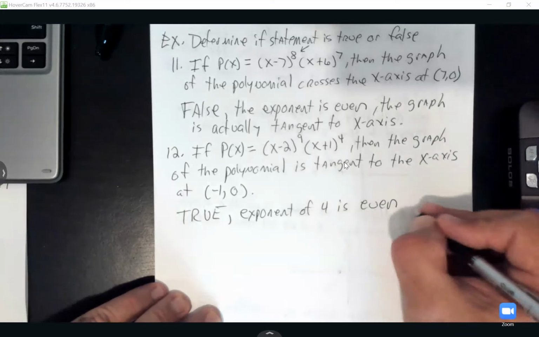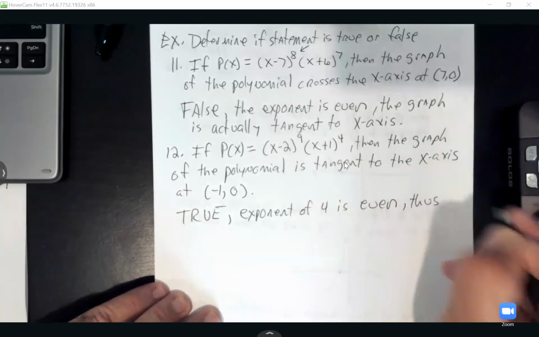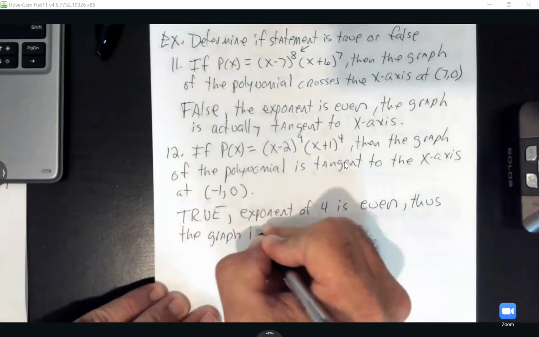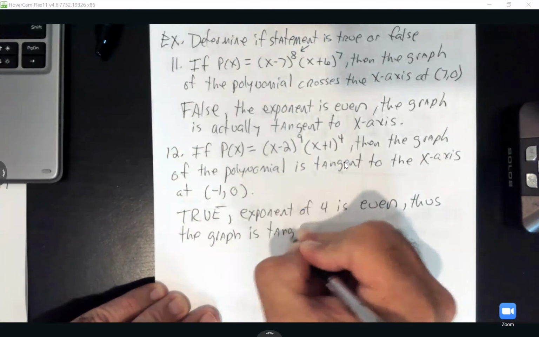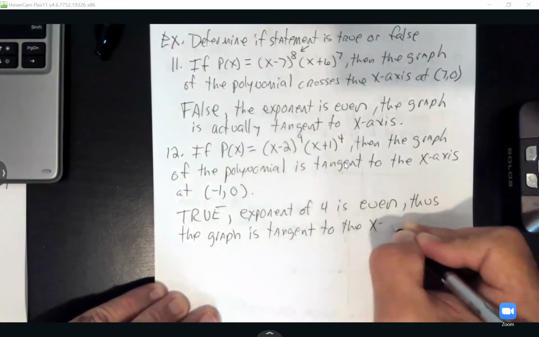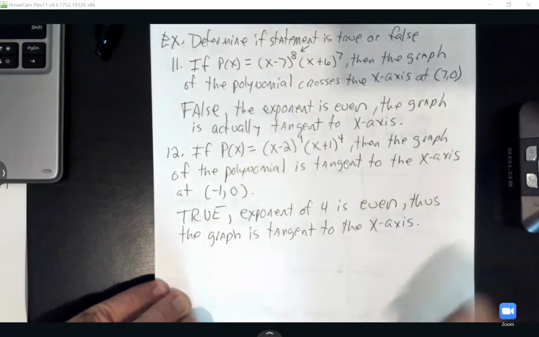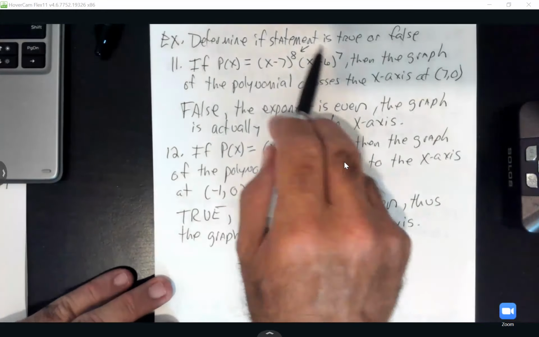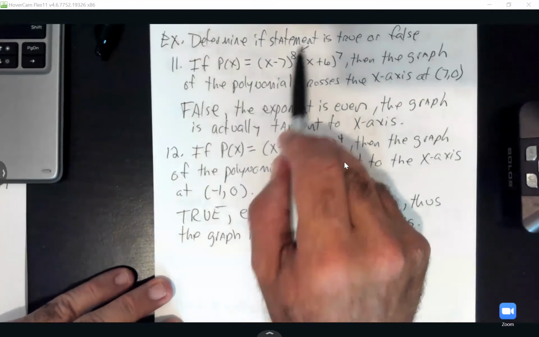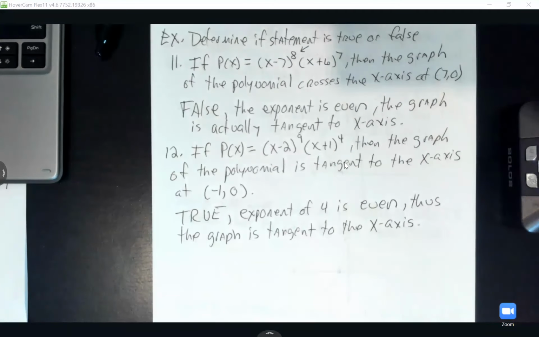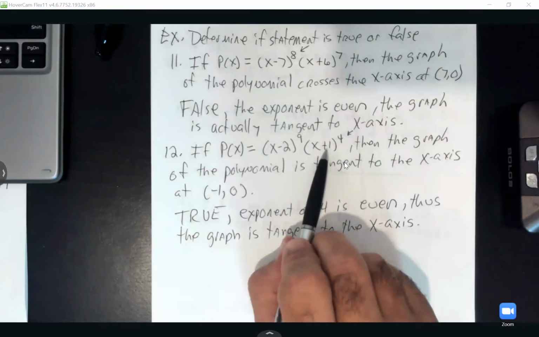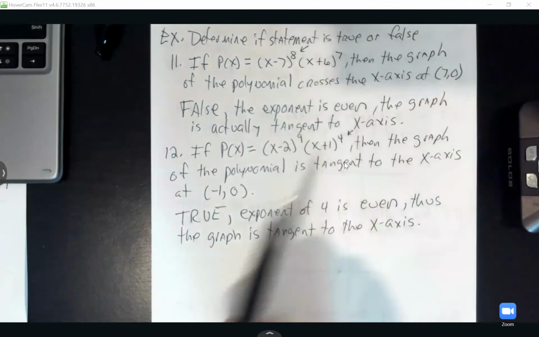Thus the graph is tangent to the x-axis. So for those last two, you're looking at which factor the 0 they're giving us came from, and then we're looking at those exponents, okay? So for this one, we had to look at the 4 because that -1 came from that factor of x plus 1.